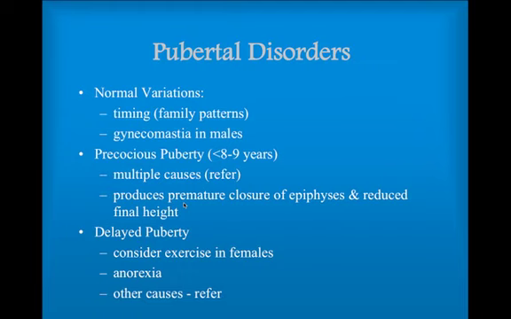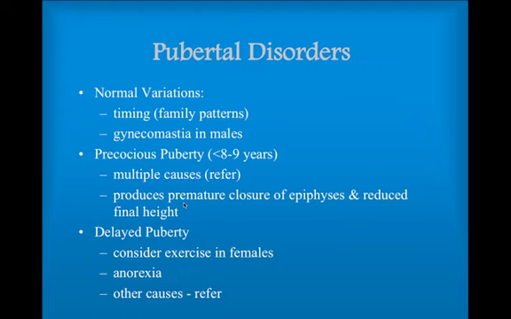So that's one end of the spectrum, and the other is delayed puberty. So you see puberty quite late. We do know that the onset of puberty is 1 to 2 years later in boys than it is in girls. We'll look at the Tanner staging in just a minute. But for delayed puberty in girls, always consider exercise as a possibility, especially in a child who's doing a lot of running or a lot of intense exercise.